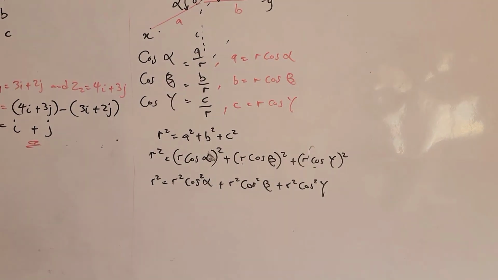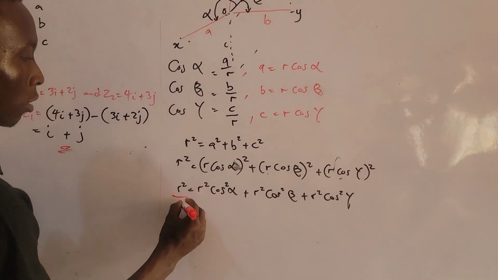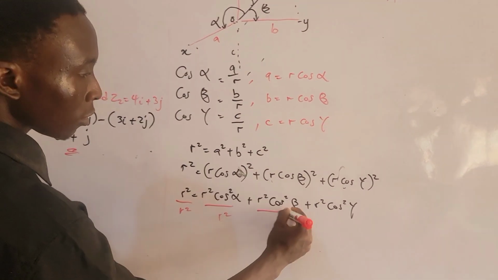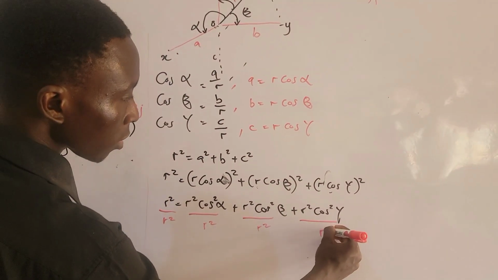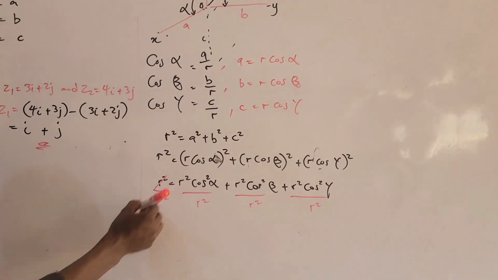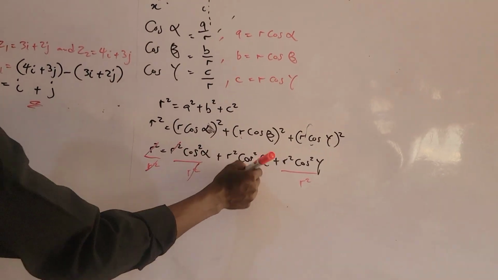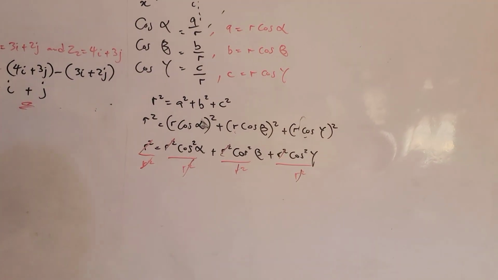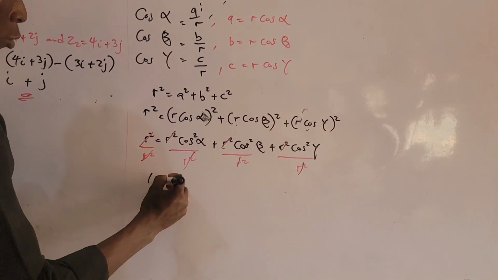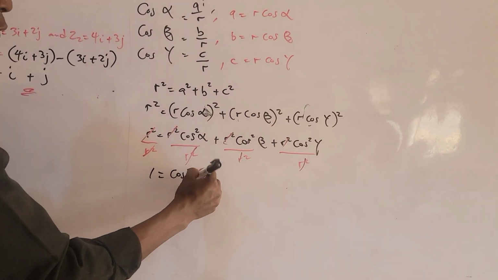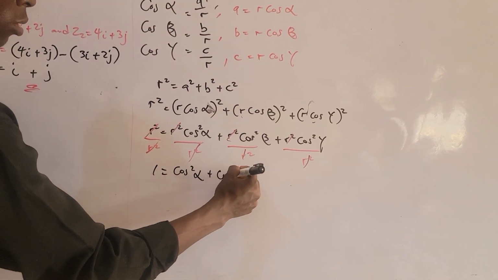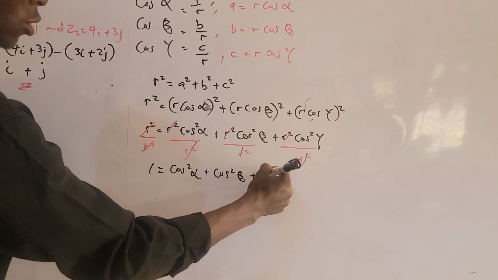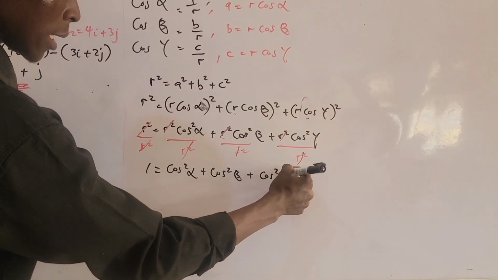So now we are dividing all through by R squared. You notice that R squared goes out with this, with this, and with this. What do we have left? We have 1 equals cos squared alpha plus cos squared beta plus cos squared gamma.